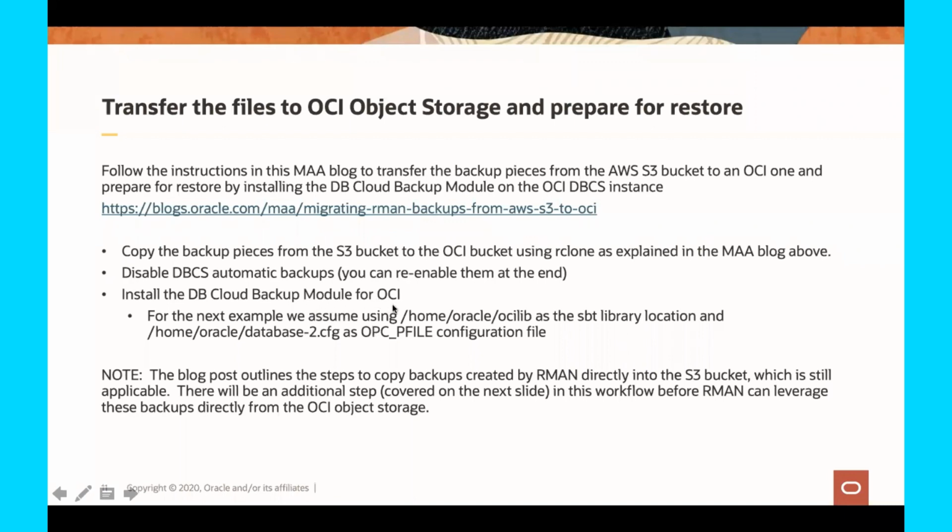In this example, we assume we manually installed the database backup cloud module, and we will use this location for the library, home Oracle OCI lib, and then we will use this name for the configuration file, home Oracle database-2.cfg. It's pretty straightforward. If you're familiar with the database backup cloud module, you probably already understand what I'm talking about. If you don't, take a look at this blog post and the documentation. It's nothing particularly complicated.